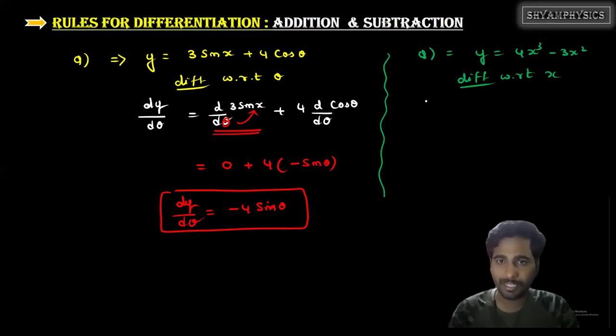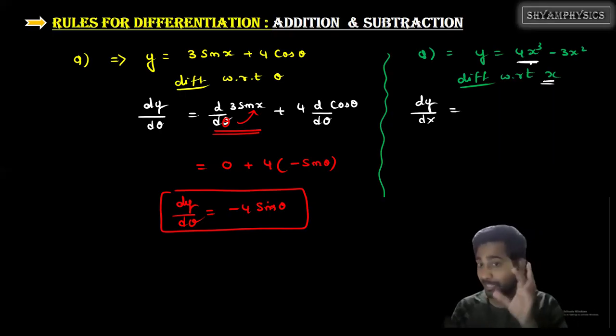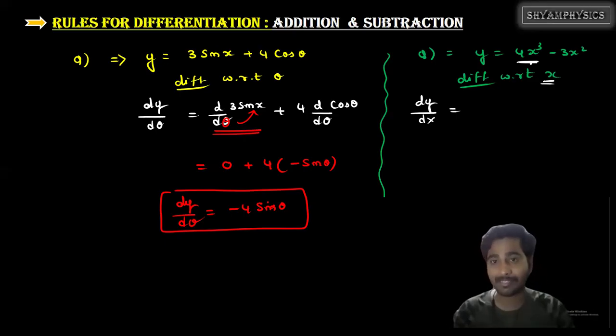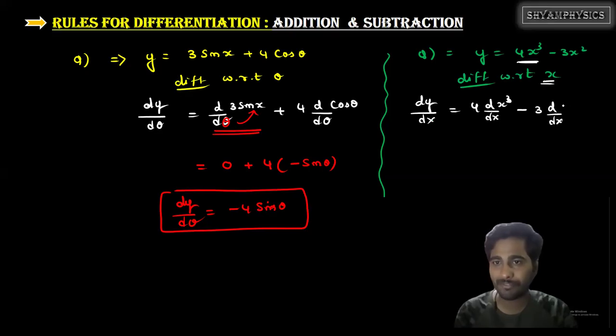Look, differentiation dy by dx, with respect to x only, I told you. First term 4x cube. Here a product is there. Whenever it is in terms of a product with a constant, keep the constant as itself. Differentiate the term or its function with respect to the given variable. Correct now? Minus. If it is minus, the sign is minus, 3 d by dx of x to the power 2.